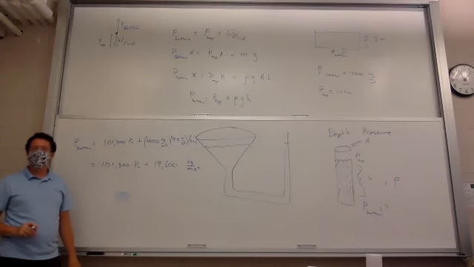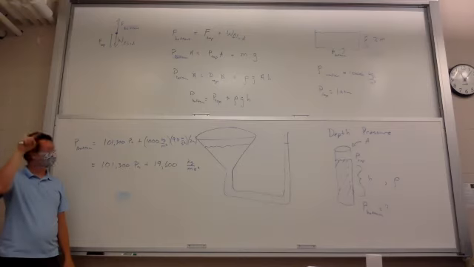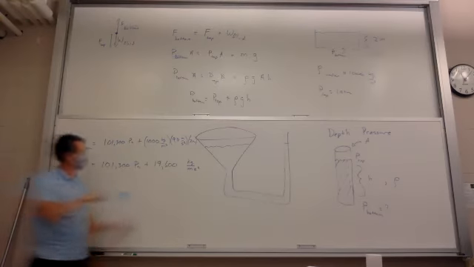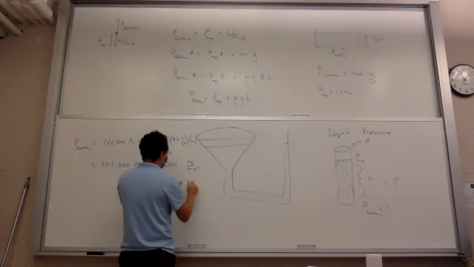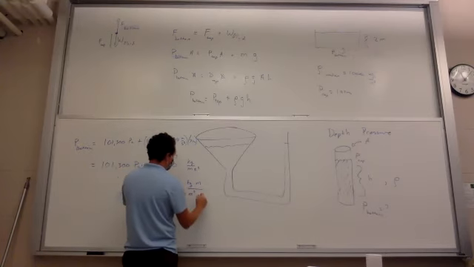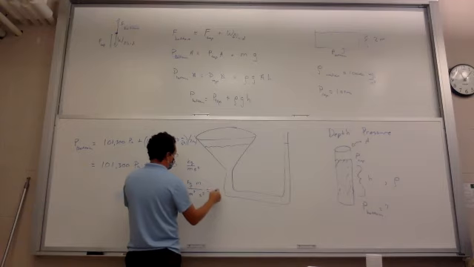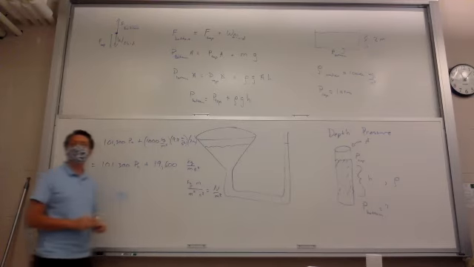What is a Newton in metric units? That's a kilogram meter per second squared. So this is the same as a kilogram meter divided by a meter squared second squared. That's a Newton per meter squared. It's a Pascal.